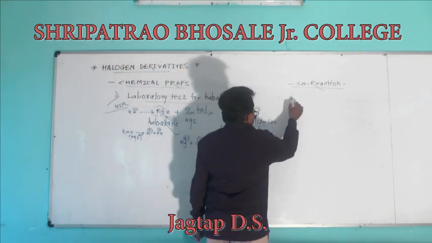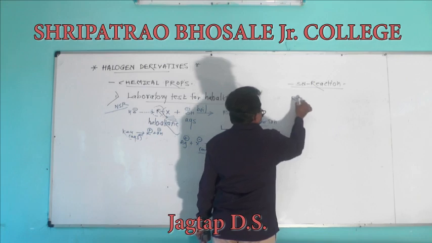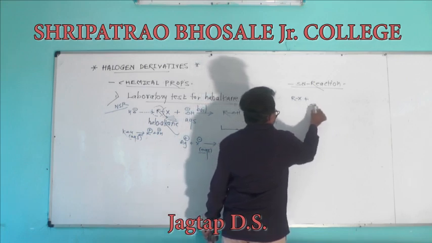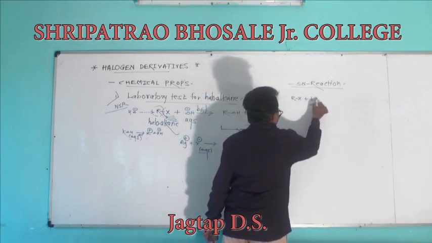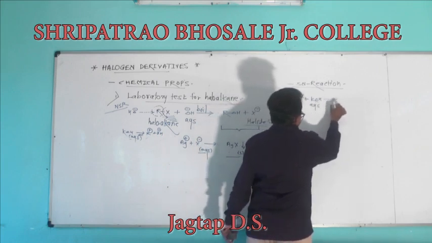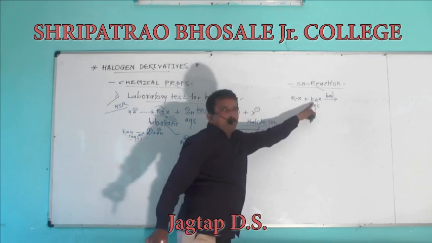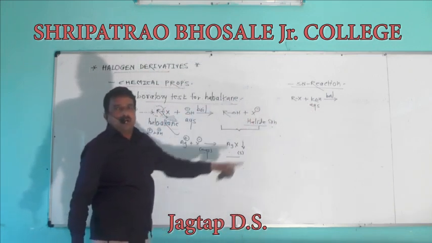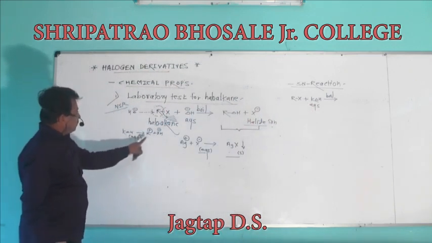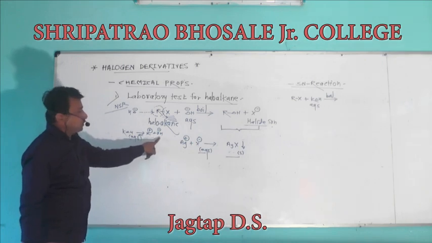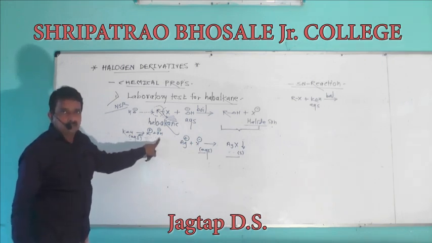Consider the reaction when an alkyl halide is boiled with aqueous potassium hydroxide. In aqueous medium, potassium hydroxide undergoes ionization to form K plus and OH minus ions.